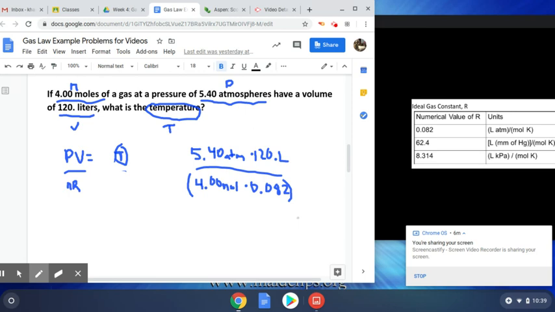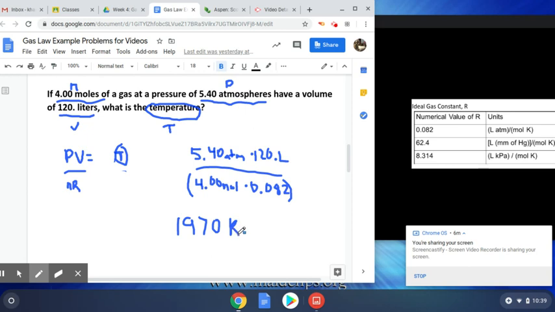And then you should get something that looks like this.